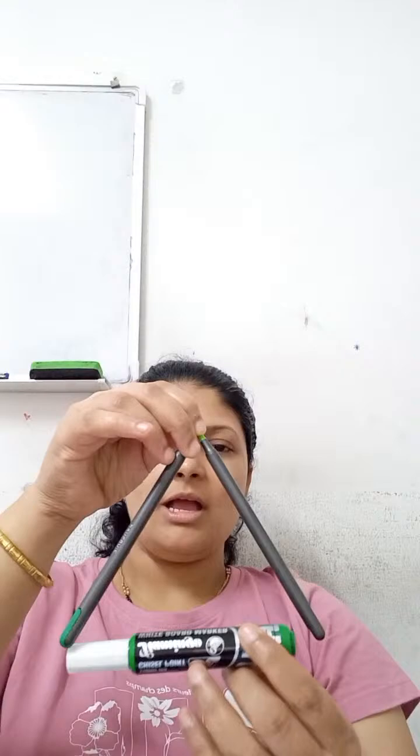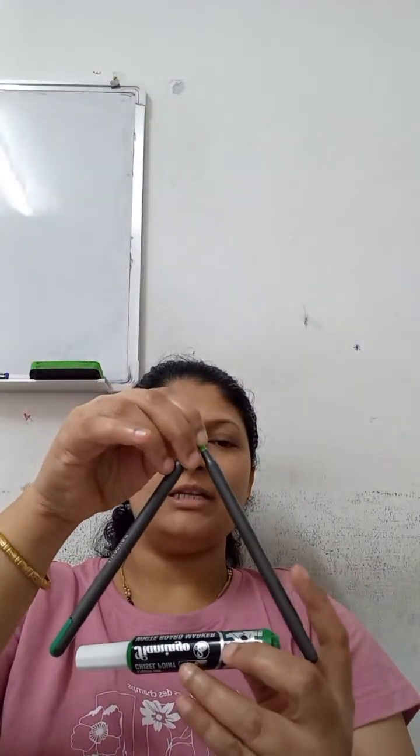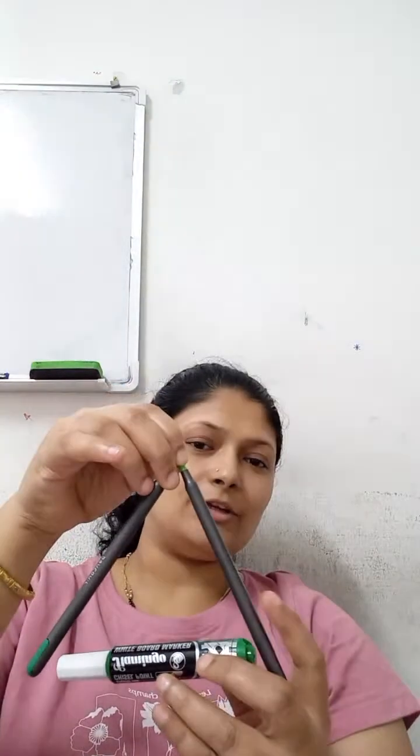If we take the example of a prism, I'll show you with a pen. A prism is a 3D triangular shape like this, and a ray of light falls on one of the slanting edges.